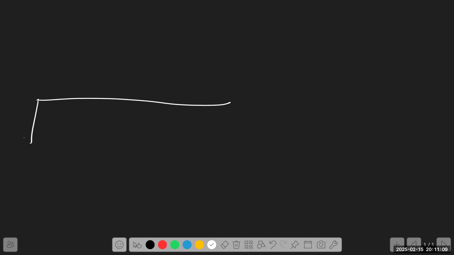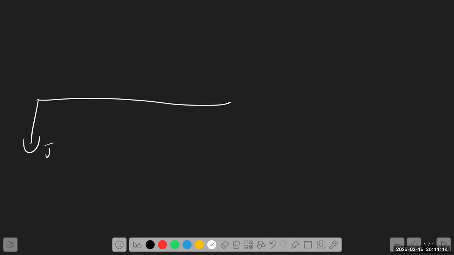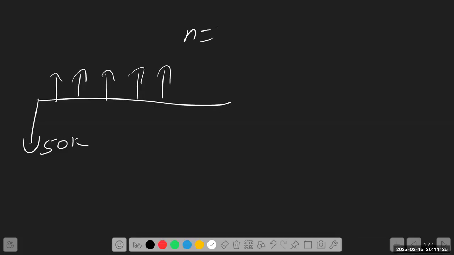The man has invested 50K, 50,000. It has to last for 12 years. N is equal to 12 years.